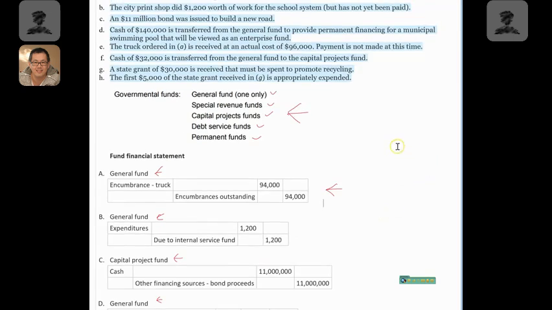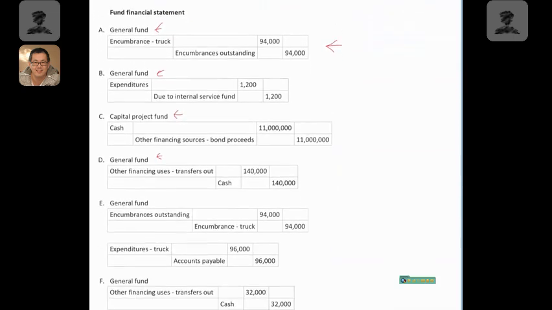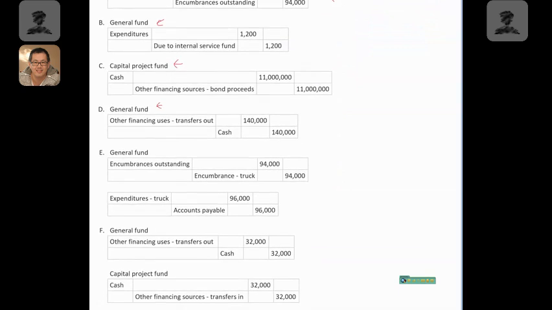Transaction F. Cash of 32,000 is transferred from the general fund to the capital project fund. Both the general fund and the capital project fund are governmental funds, so we need to prepare 2 journal entries. One is for the general fund.